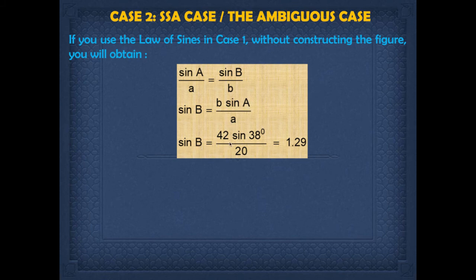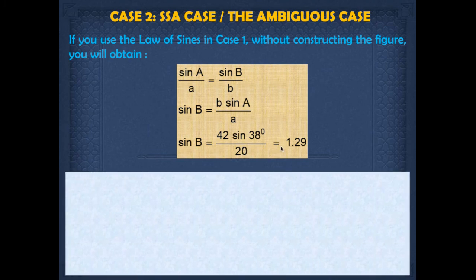So sine B will be equal to, in case 1, b is 42, so 42 sine of 38 degrees, the given angle A there is 38 degrees, all over 20, side a there is equal to 20. And then solving further, this will give us a value of 1.29 for sine B. So take note, sine B will be equal to 1.29.